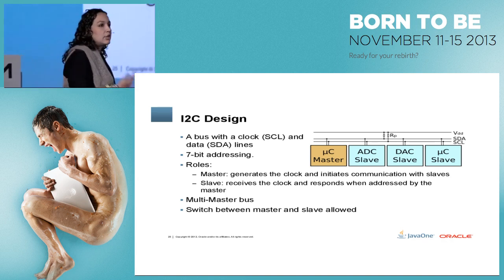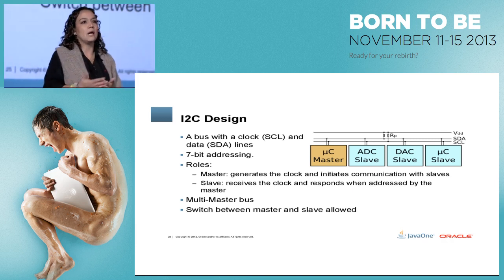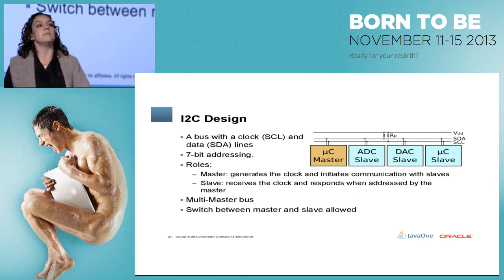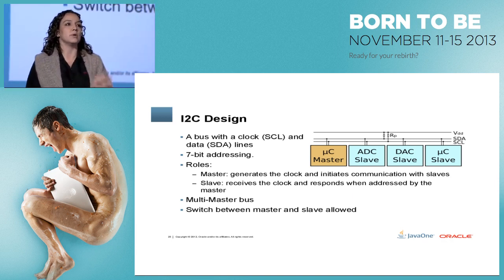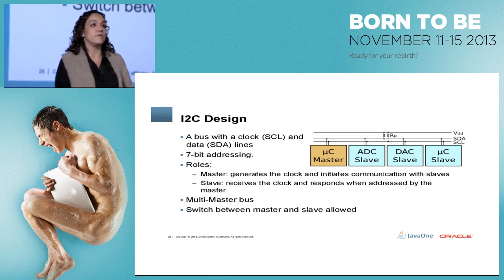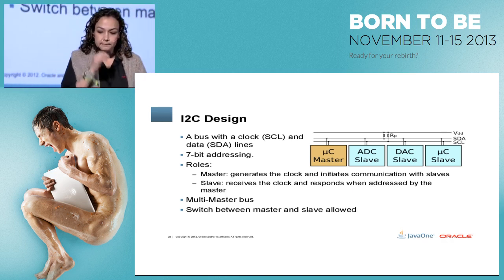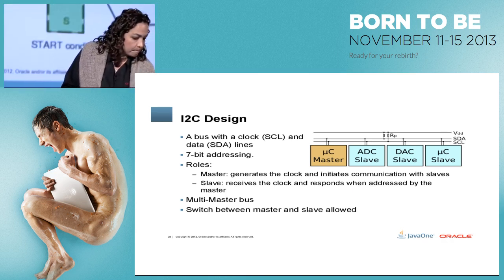The master is the one generating the clock signal that allows you to start and stop the communication. The slaves simply respond to a master request. So we're going to see when the master asks one of the slaves for information, and the slave will respond with it.